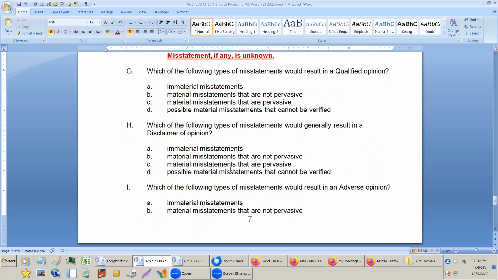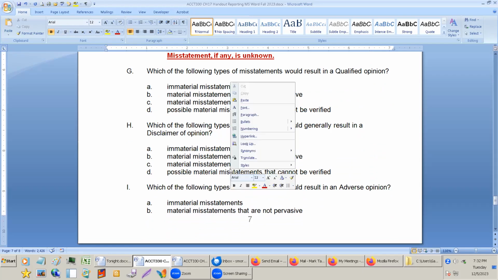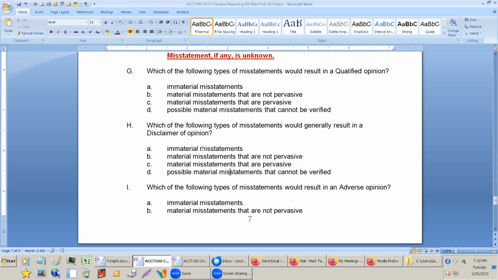Which of the following misstatements result in a qualified opinion? By the way, qualified opinions are sometimes called except for opinions because they say everything's okay except for, and then they say the bad stuff.